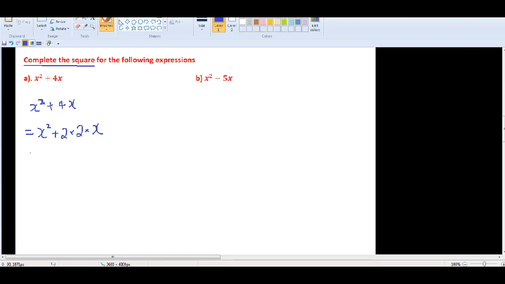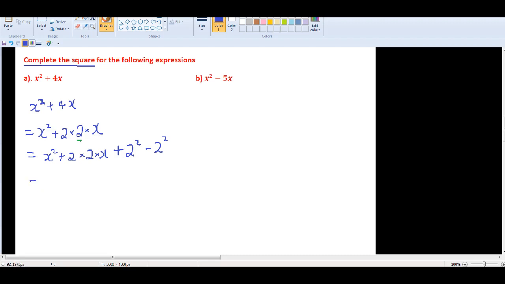But then you create this 2, which is important, because the next step is, you've got 2 times x, I'm going to add 2 squared over here. You add 2 squared, and at the same time you have to take it away, because otherwise they are not equal, right?